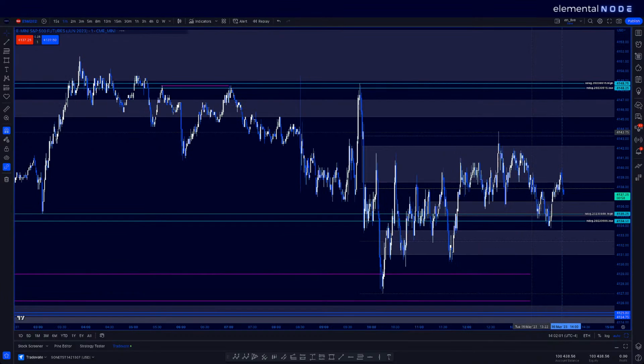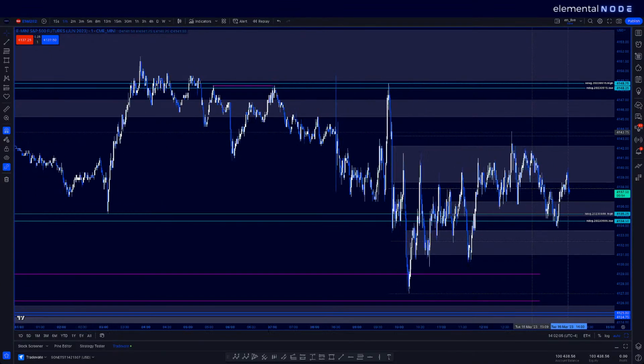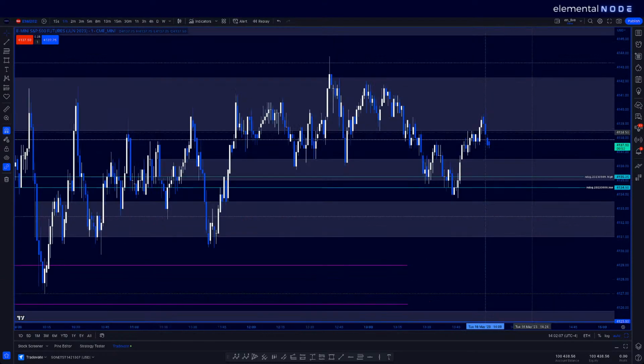It's a really good way to get chopped up and lose your account really fast within this area. So we just need to be very cautious, based on my experience on these type of days.